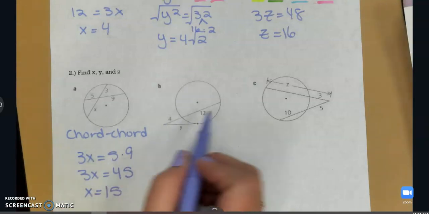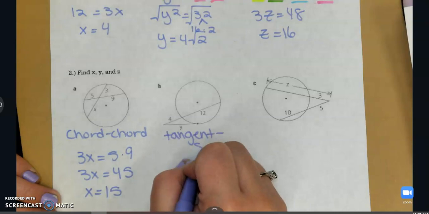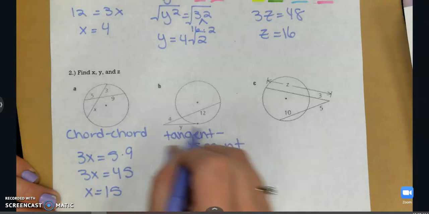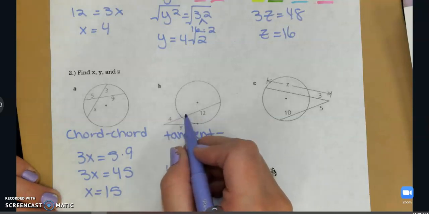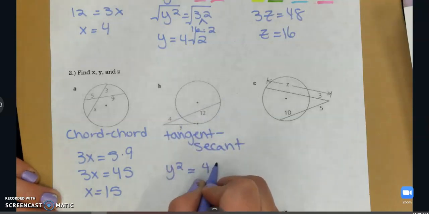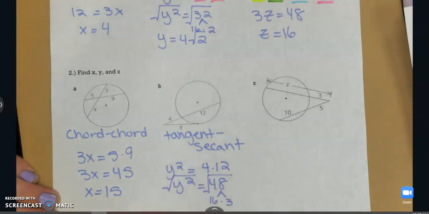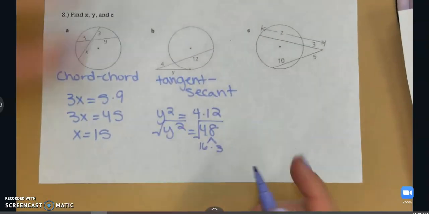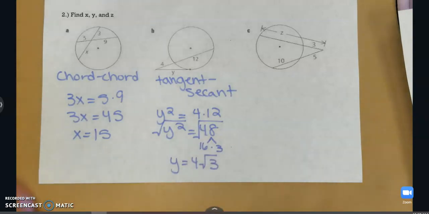Okay, on B, I've got a tangent and a secant, so this is my tangent-secant. And so my tangent is y, so y squared is going to be equal to the 2 parts of the secant, 4 times 12. So y squared is 48. 48 is not a perfect square, but 16 is a factor of it. So if I simplify this, I'm going to get that y is 4 times the square root of 3.